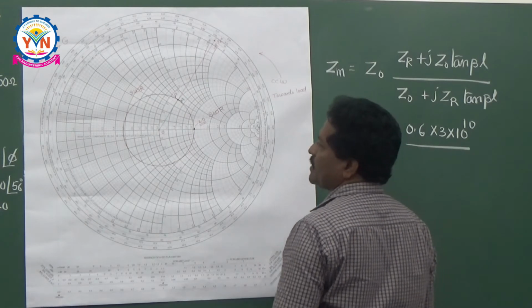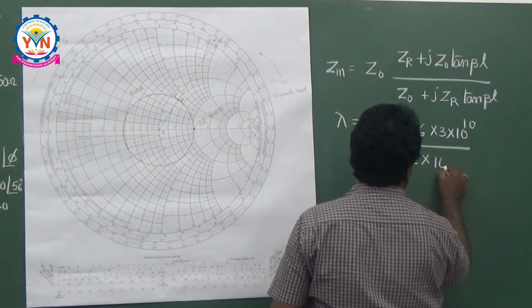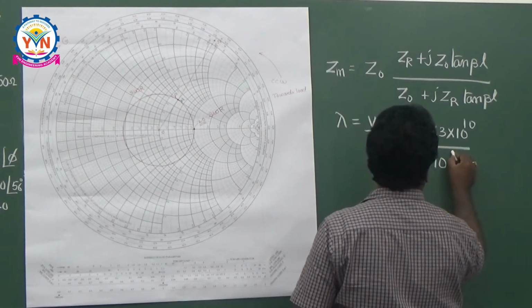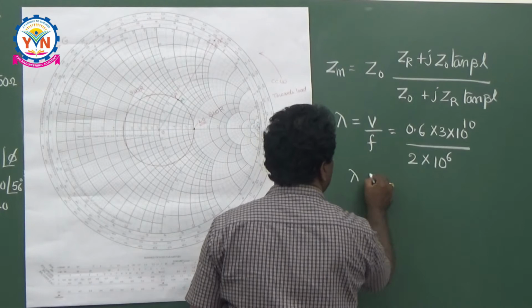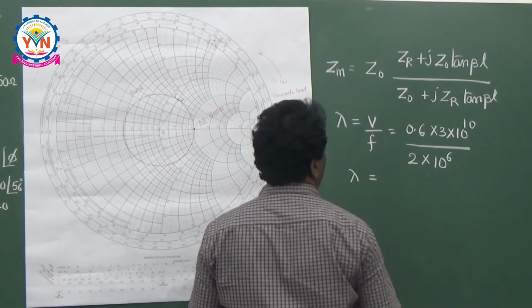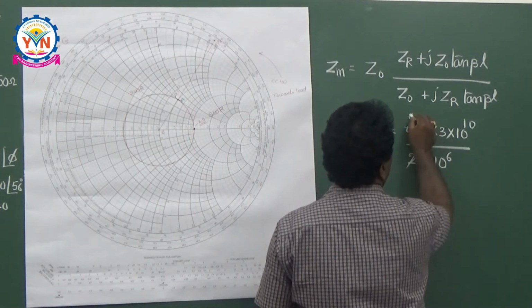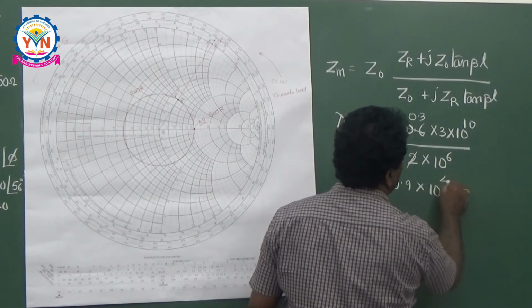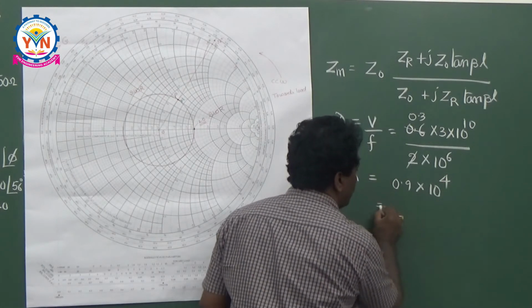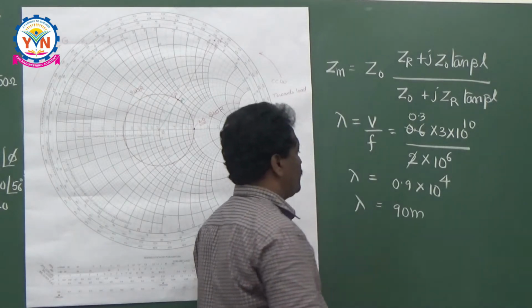How much is the frequency given? 2 megahertz. So 2 into 10 to the power of 6. Therefore, your lambda is equal to 0.9 into 10 to the power of 4. That means this will be equal to 90 meters. Lambda is equal to 90 meters.